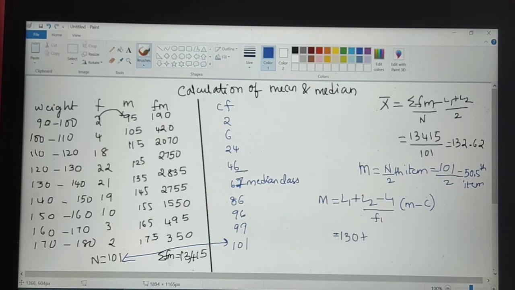So 130 plus 140 minus 130 divided by the frequency value, which is 21, into the m value, that is 50.5, minus the value preceding in the cumulative frequency, which is 46. Once you solve all of these values, you will get 132.14.